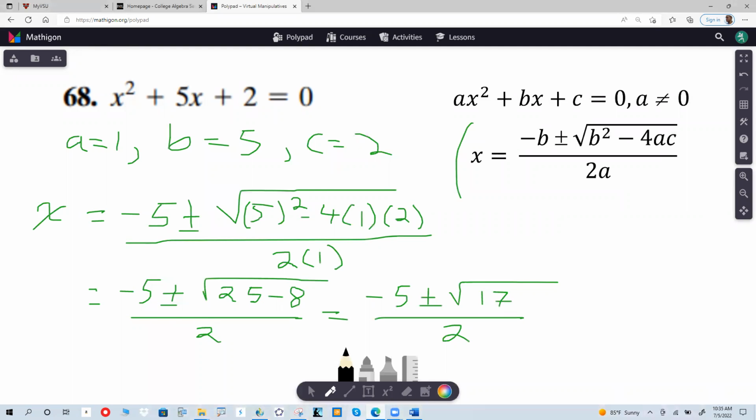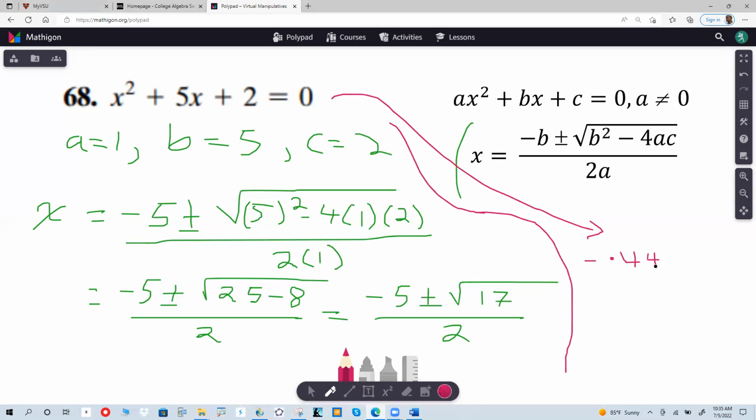Let's do it right here. Use a different color. Negative 0.44 squared plus 5 times negative 0.44 plus 2. I'm going to put a 0 here. It's not necessary, but it does look nice. Now I'm going to do this on my calculator, of course.